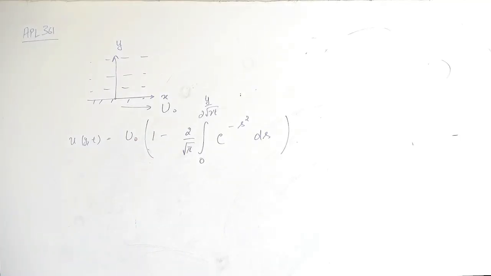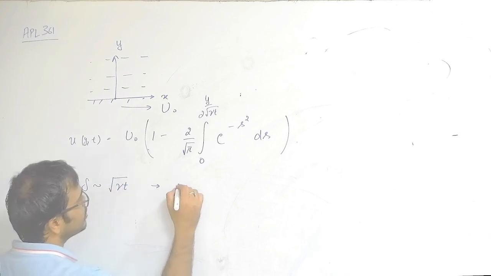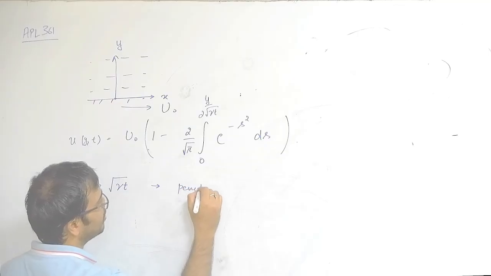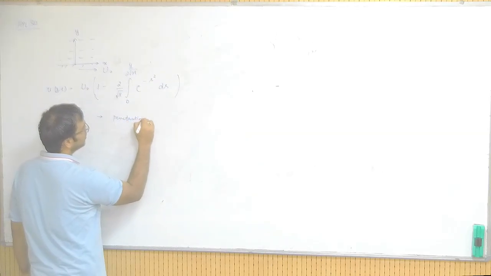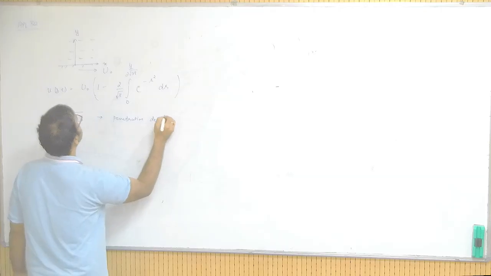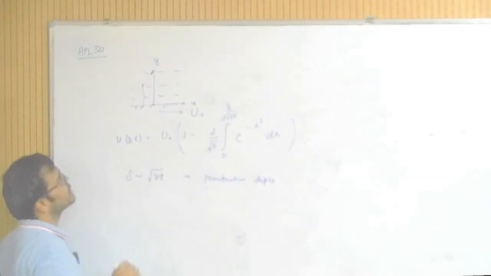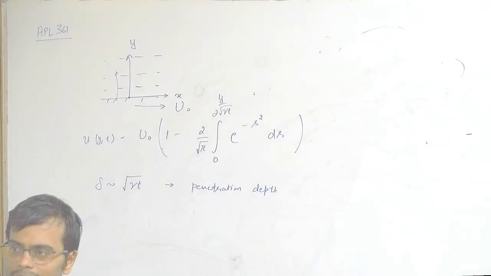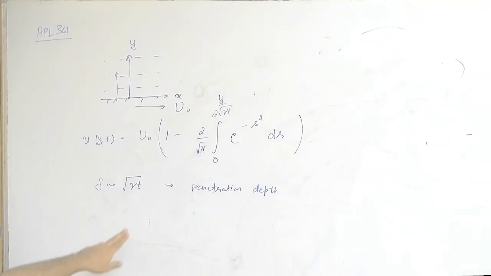Towards the end of the class I was discussing that there is a length scale called root nu t, which is often called the penetration depth. Basically it means how far the effect of the plate has penetrated inside the fluid after time t has passed.